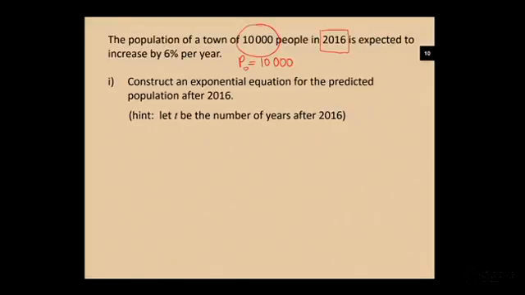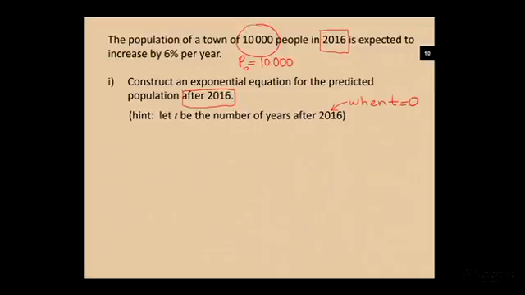Now it says construct this exponential equation for the predicted population, and it mentions after 2016. So basically 2016 gets taken as the base of 0, the starting point. So 2016 is when t is equal to 0. We're starting from that.